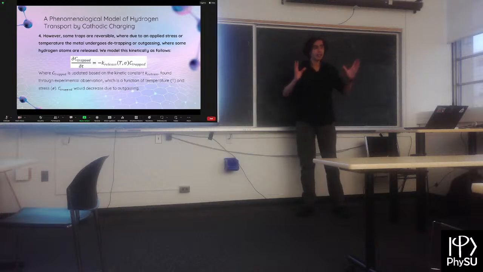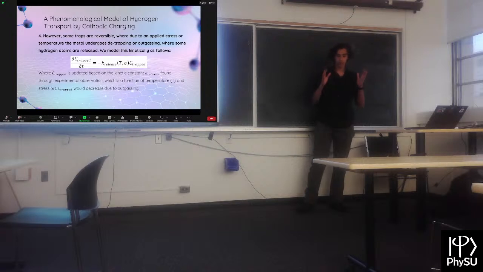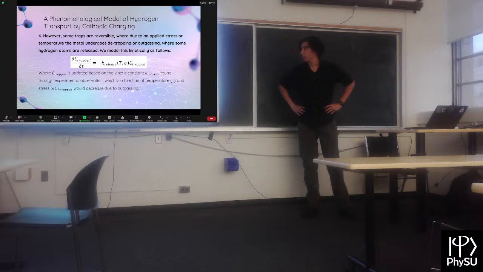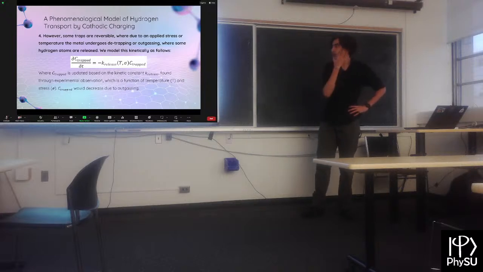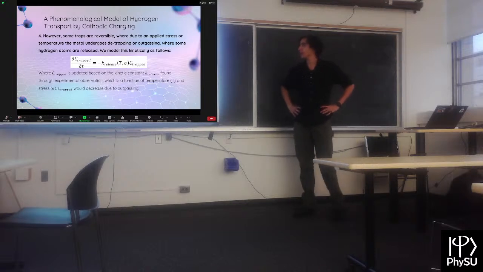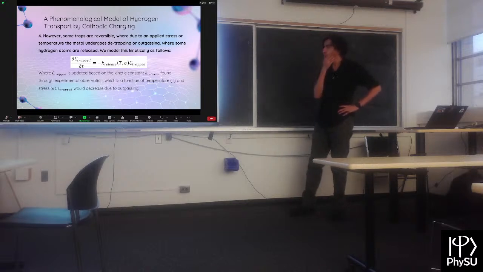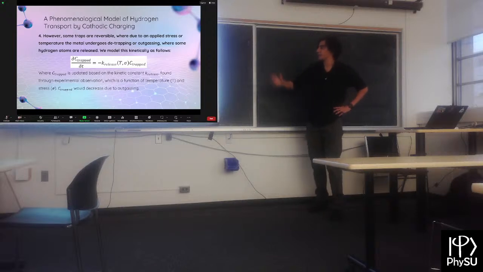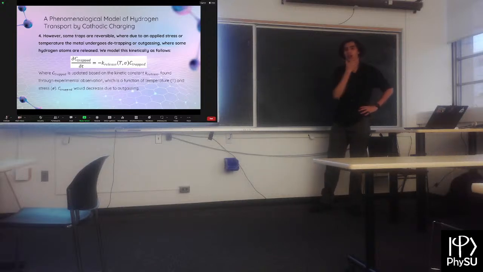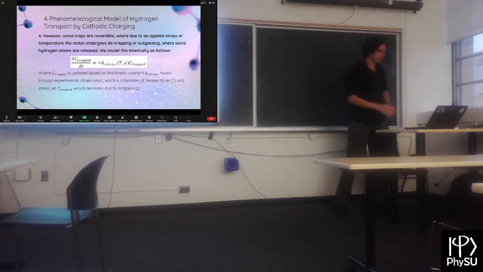So let's say we applied a certain amount of temperature and a certain amount of stress to the metal after the cathodic charging experiment, after the hydrogen was trapped. What we would be doing is releasing some hydrogen and outgassing the hydrogen, and updating the amount of trapped hydrogen concentration within the metal.